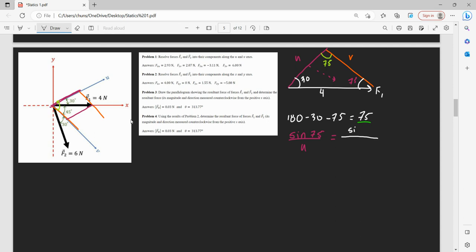That would be sine 75, which is across from 4. So we want to solve for that u right there. So u is equal to sine 75 divided by 4, sine 75 divided by this answer, and u is equal to 4. No, it's not. Okay, hold on, something went weird.